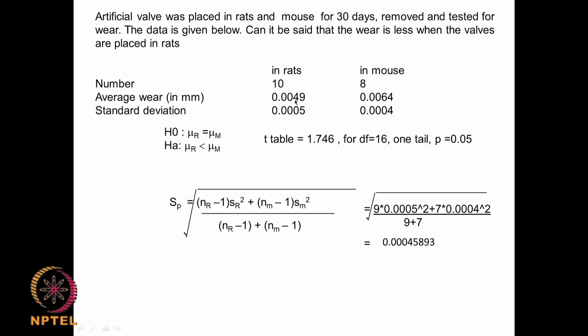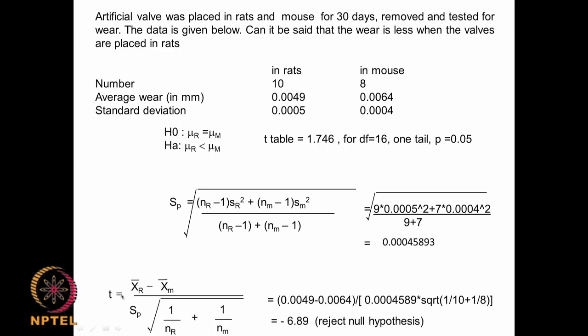Then the standard deviation is given for rats, squaring that; the standard deviation for mouse is given, squaring that; here we put 9, here we put 7, divided by 9 plus 7. So we get sp equal to all these numbers. Now, t is equal to xr bar minus xm bar, that means the averages, divided by sp, this whole thing which you have calculated here. Now, xr is given by this, xm is given by this.